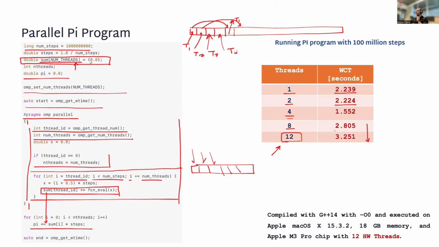And the sum is a short array, so it's not a long array. Is it similar to the false sharing problem or not?